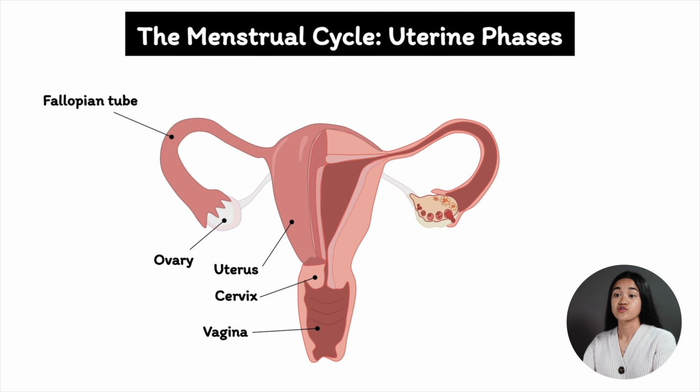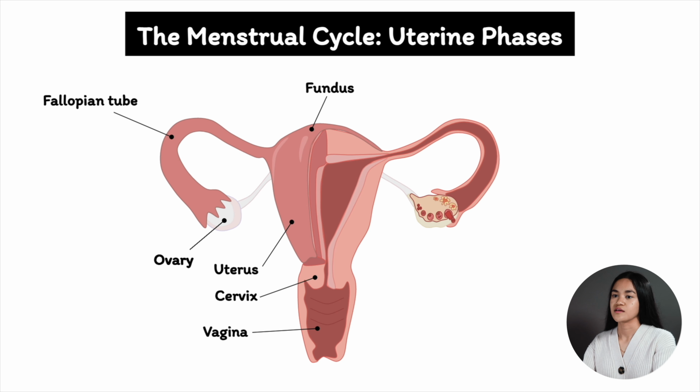So the uterus has three parts. There's the fundus, which is the top of the uterus, the body, this is where implantation usually occurs, and the cervix, the lower portion.